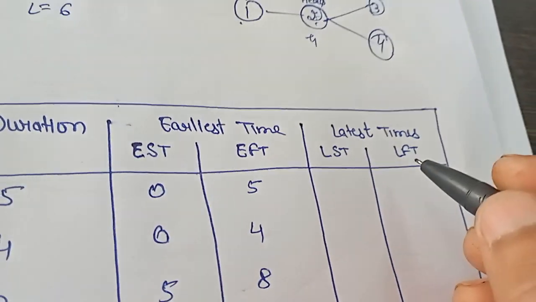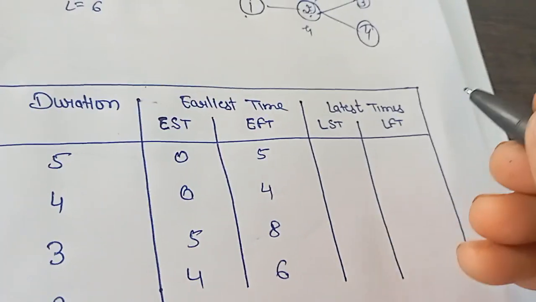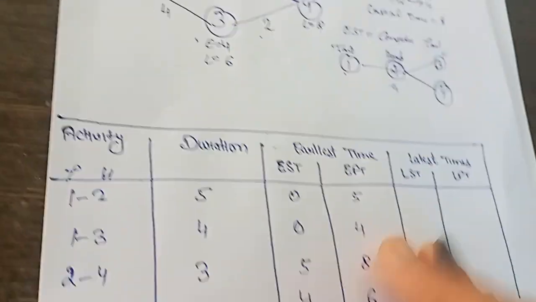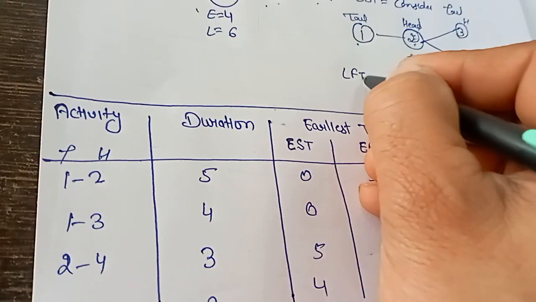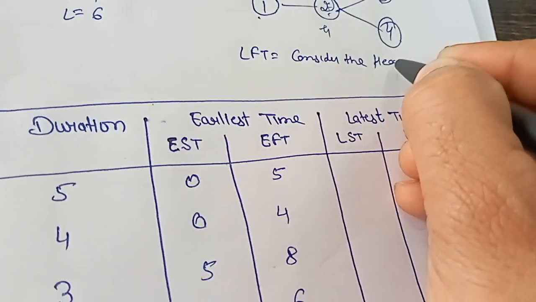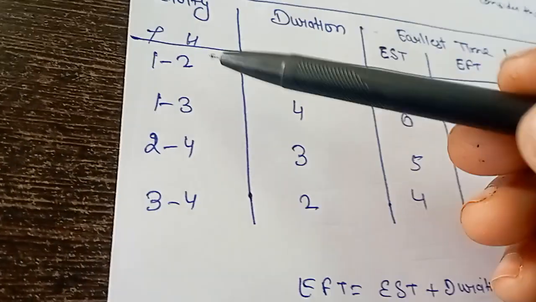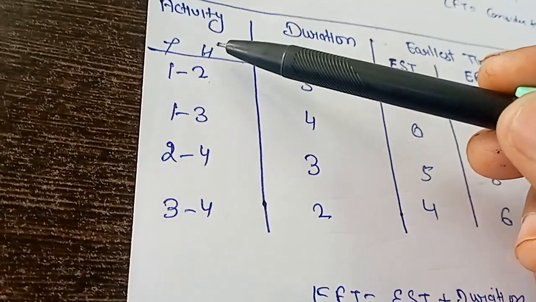Now we calculate the latest time. In the latest time, first of all we calculate the latest finish time, and when we calculate the LFT we consider the head event, and on the right hand side all these are head events.